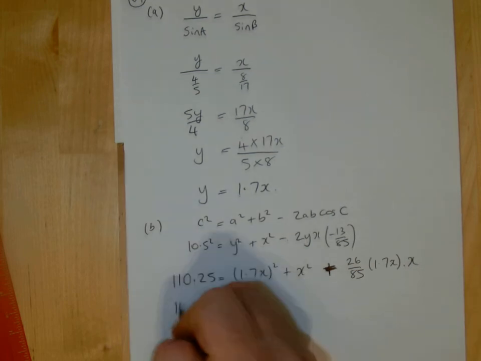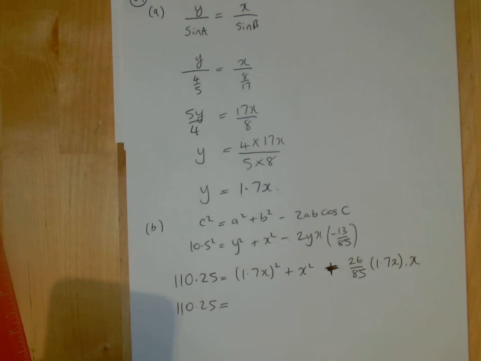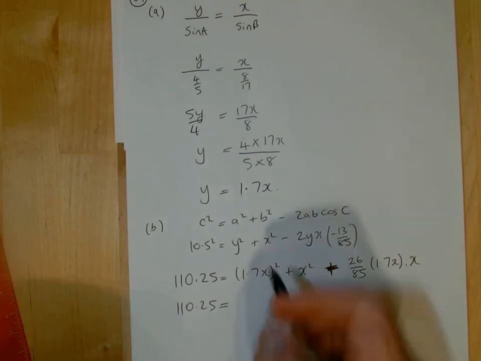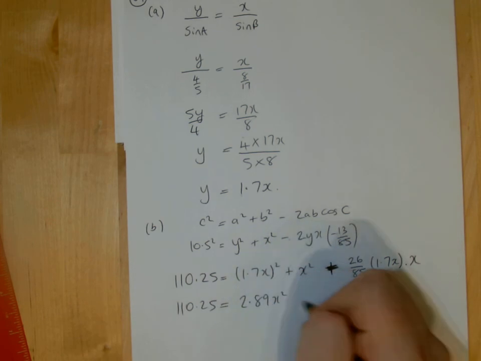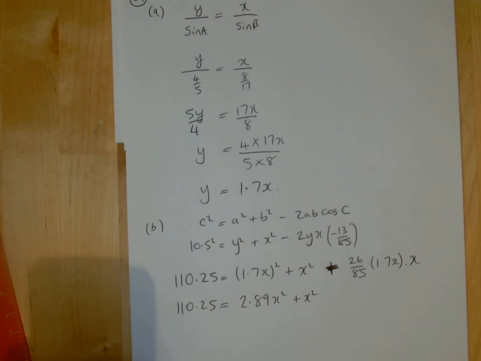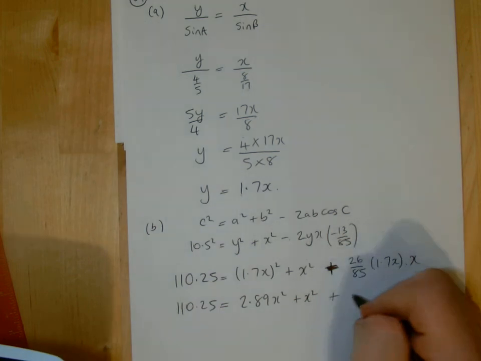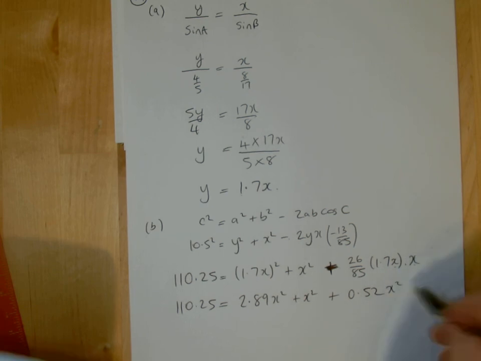So 110.25 equals 1.7x all squared, which is 2.89x squared, plus x squared here. Then 26 over 85 times 1.7, let's put it as a decimal because everything else is a decimal, is 0.52. We've got x times x, that makes x squared.